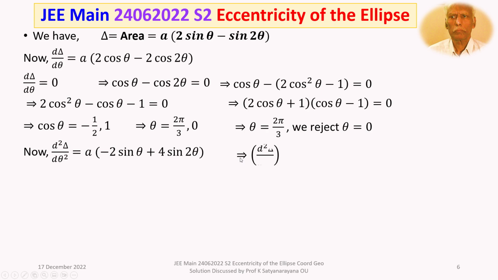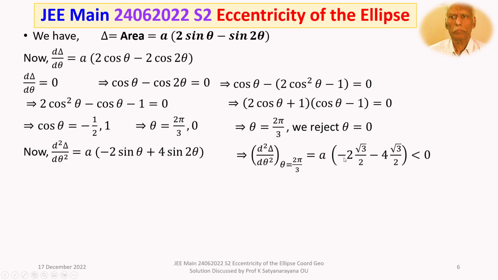And what happens to the second derivative when θ is equal to 2π/3? Substitute here: A times minus 2 times sin 2π/3 plus 4 times sin 2 into 2π/3, that is 4π/3.